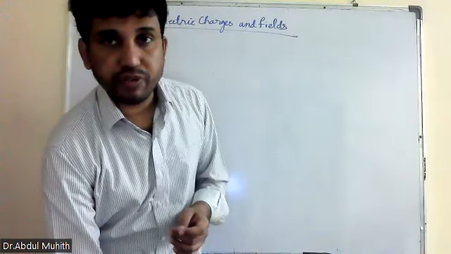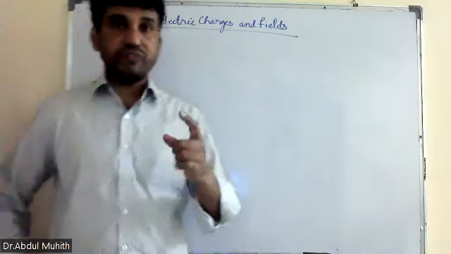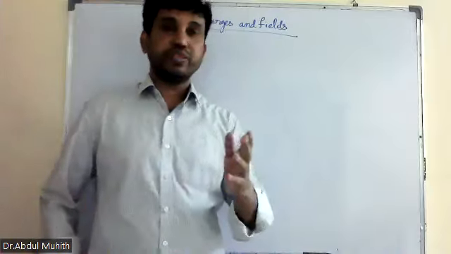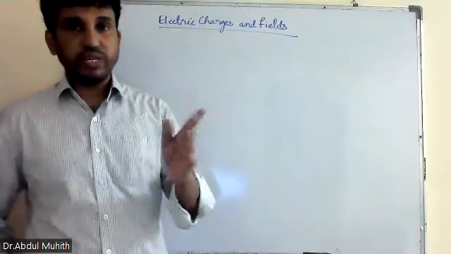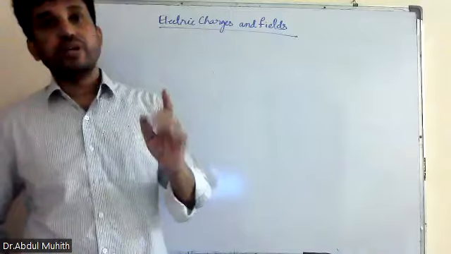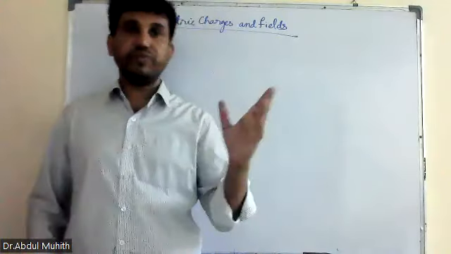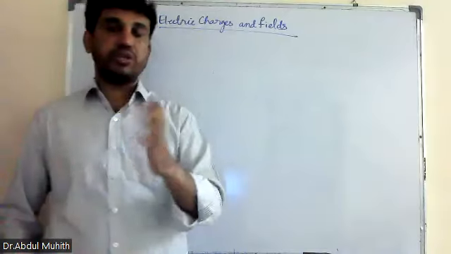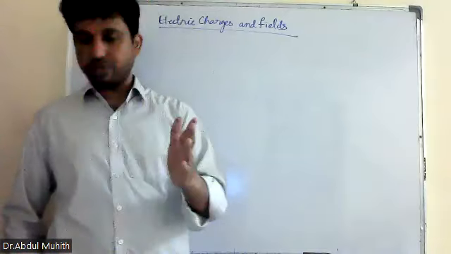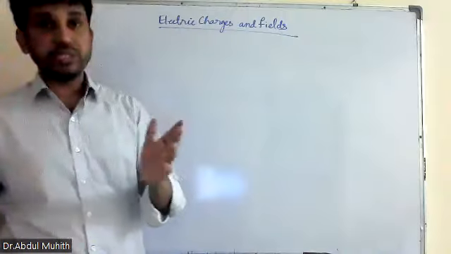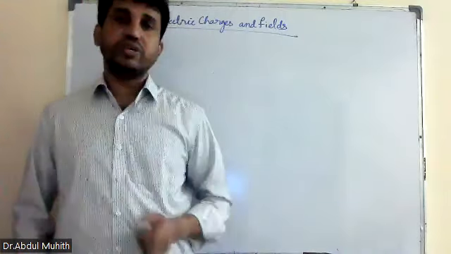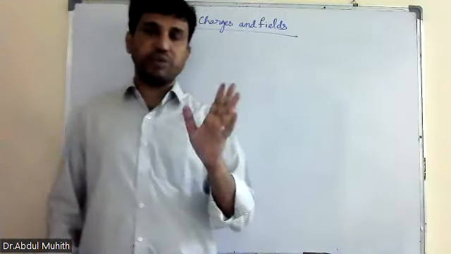F is equal to F1 plus F2. Force on 1 due to 2 is F12, and F21 is force on 2 due to 1. If there are many charges exerting a force on one particular charge, then we can add all the forces: F1 is equal to F12 plus F13 plus F14, and it keeps on going. We have a simple summation formula for it.